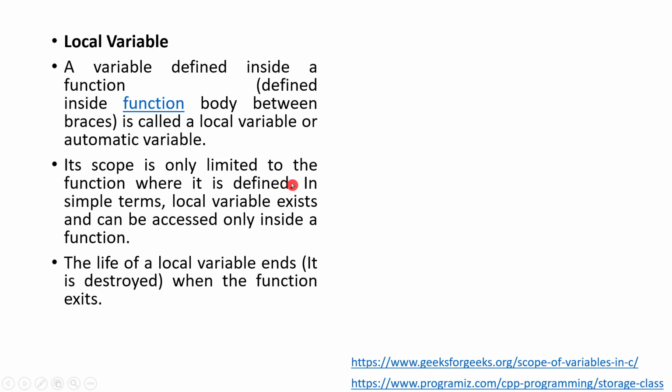Its scope is limited to the function where it is defined. In simple terms, a local variable exists and can be accessed only within the function. It can be the main function or a user-defined sub function. The life of a local variable ends, or it is destroyed, when the function exits.